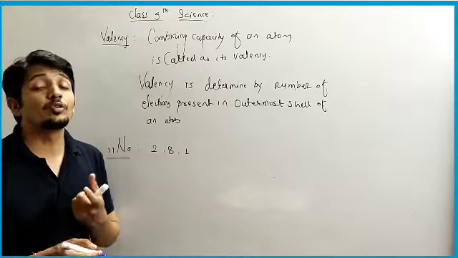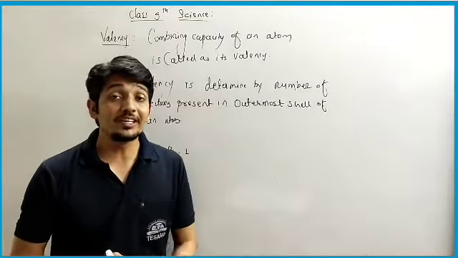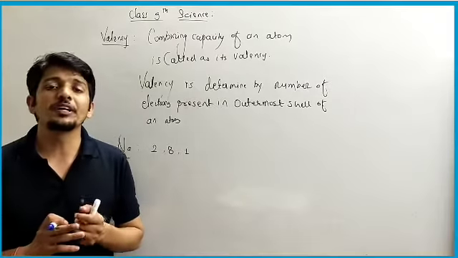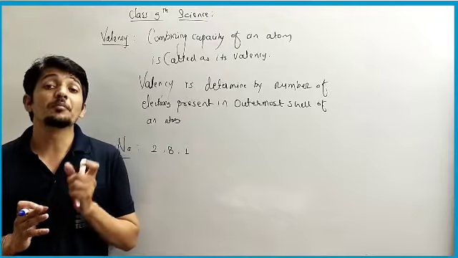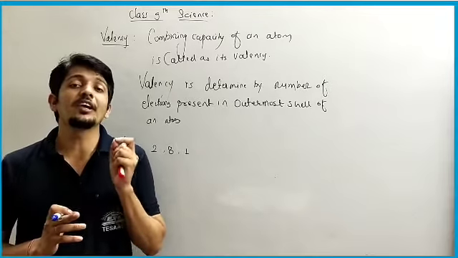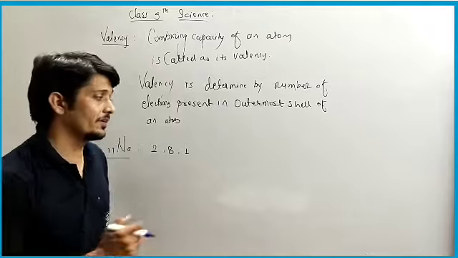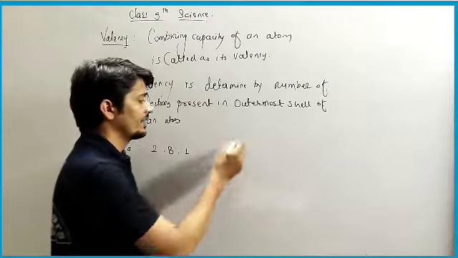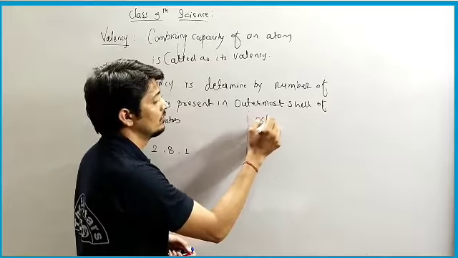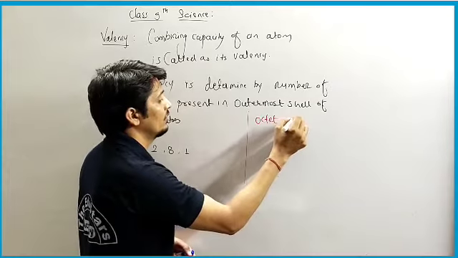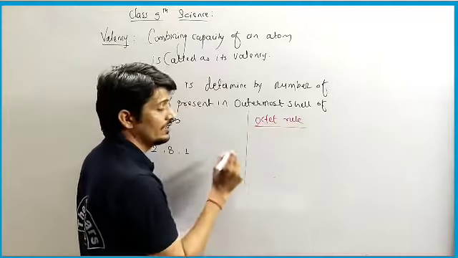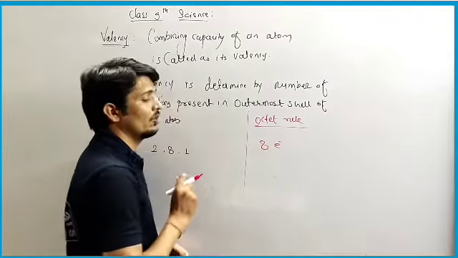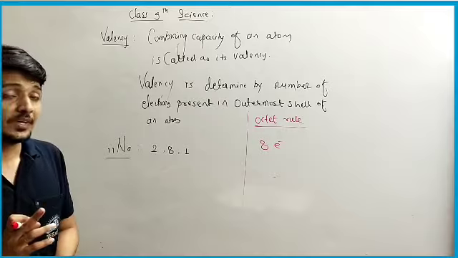So the octet rule says, what is the octet rule? We have already discussed. The octet rule says that to acquire stability, every element must have 8 electrons in its outermost shell.